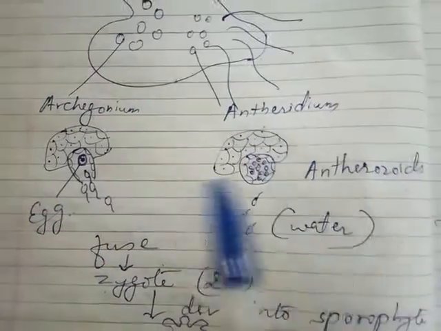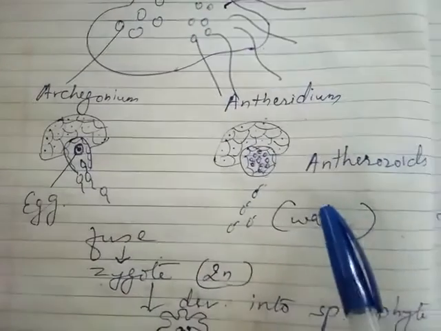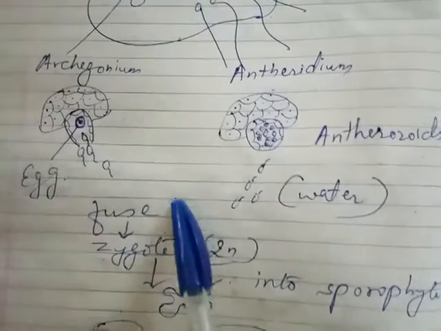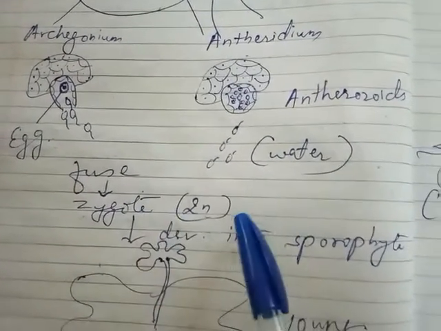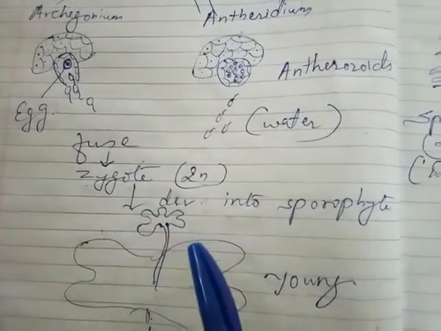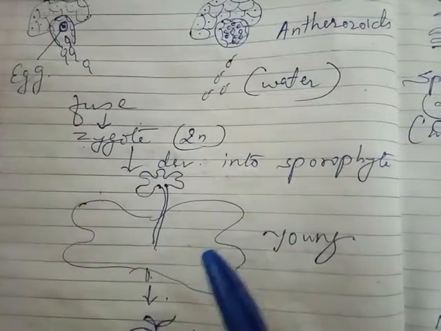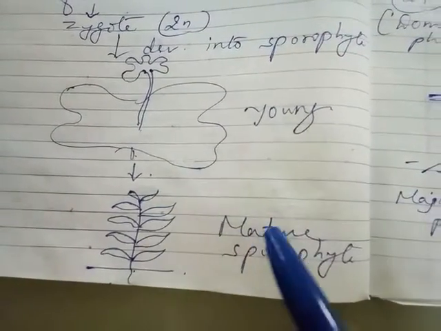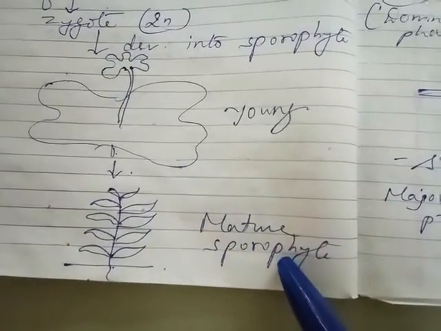So haploid egg, haploid antherozoid. With the help of water, fusion takes place with the egg and it gives rise to zygote, which is again 2N, that is diploid condition. This zygote develops into a sporophyte. This one is young sporophyte, and then it gets mature having root, stem and leaves, which is a mature sporophyte.